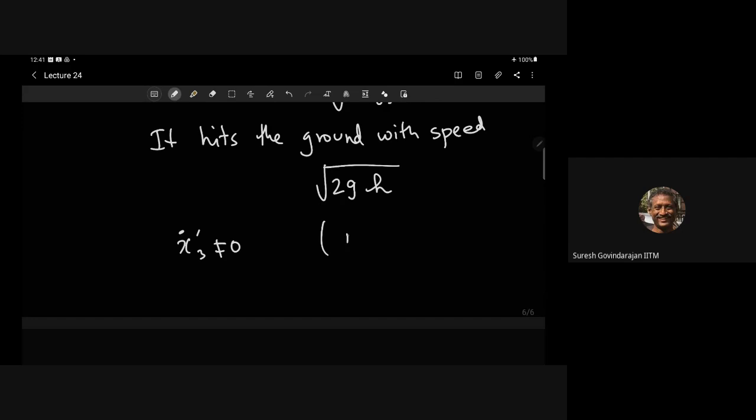So let's ignore the difference between g effective and g, because it's a small effect. It's 1 part in 10 power minus 3. So let's solve this problem.